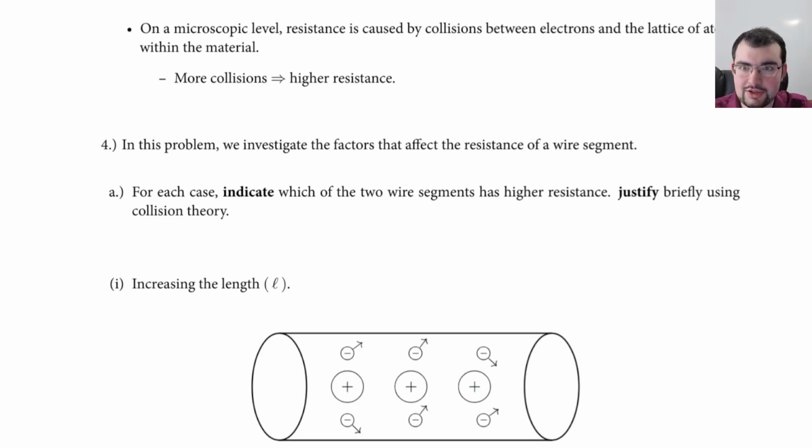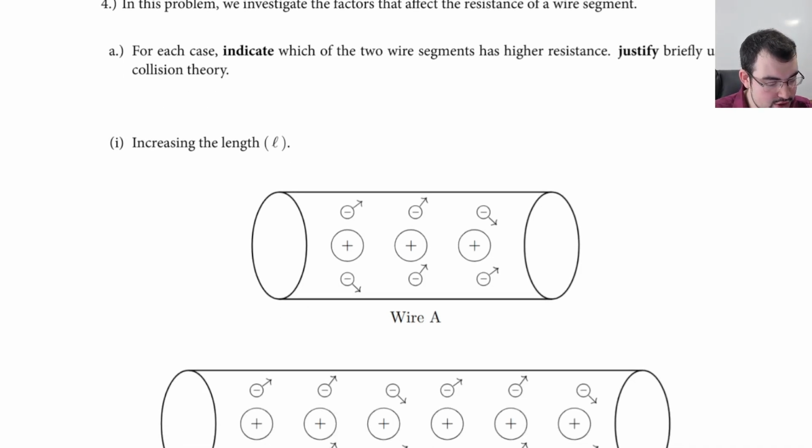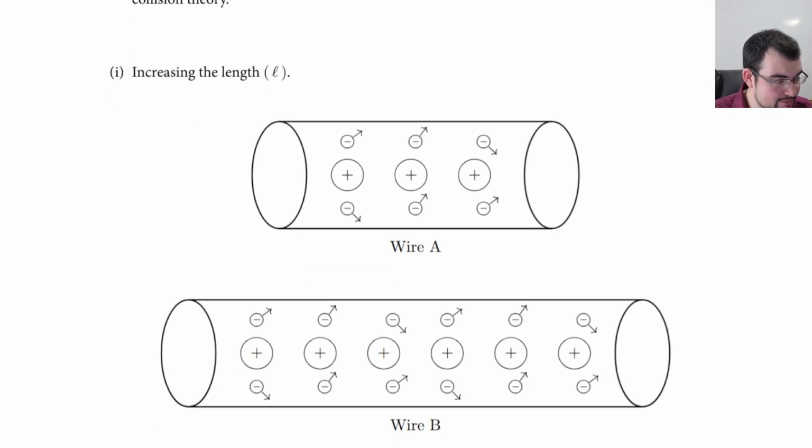So here we're going to try to derive the formula, or at least gain some intuition. The first thing that could matter for a segment is its length. And we want to justify using collision theory each time. So which of these wires is going to have more resistance, A or B? Well, we're really asking which is going to take longer for electrons.